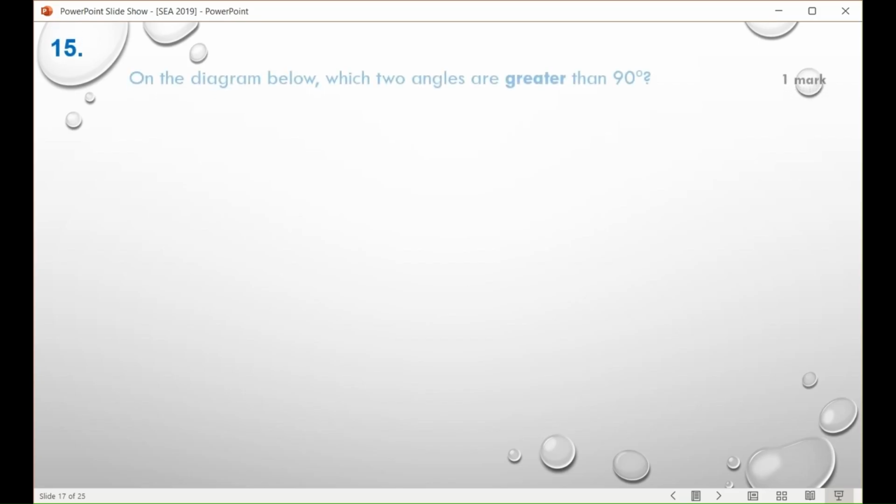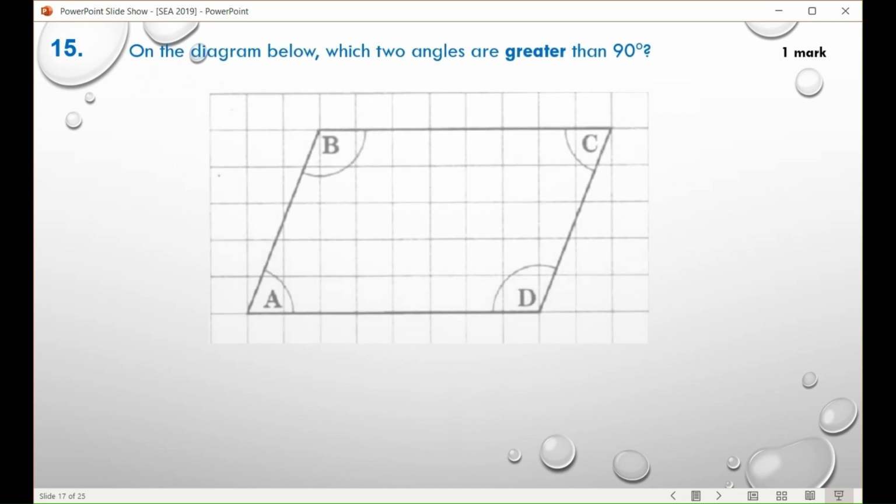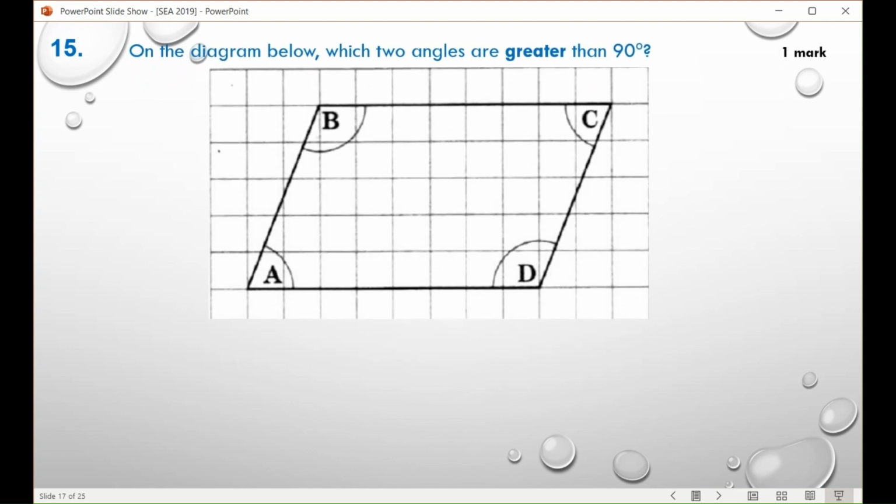Number 15, on the diagram below, which two angles are greater than 90 degrees? So if we look at this, remember when your teacher was doing measurement with you and looking at the idea of angles, one of the things that they did with you was to use paper and make angle testers.